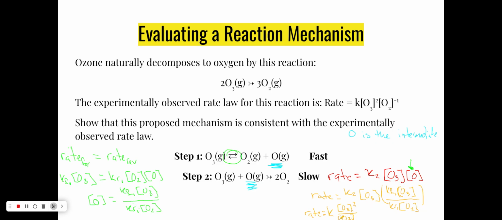Now, if I want to bring O2 into the numerator, I can do that by saying that the rate is equal to the overall rate constant times the concentration of O3 squared times O2 to the negative 1. So all I did is move this up to the numerator of our fraction, and that's how I got that negative 1 exponent, and in doing so, I got my rate laws to match.